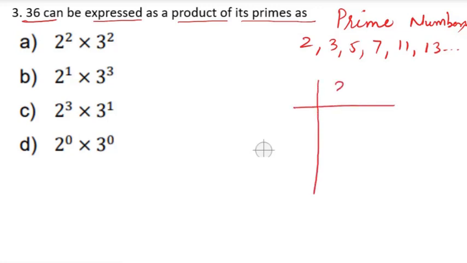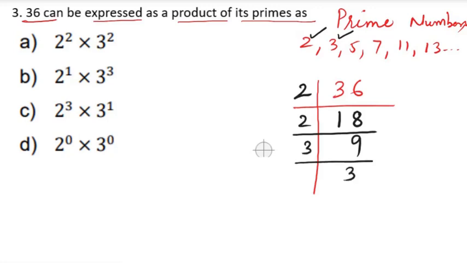So 36, I'm dividing first by 2. 2 eighteens are 36. Then again 2 nines are 18. Then the next prime number, 3: 3 threes are 9, 3 ones are 3.